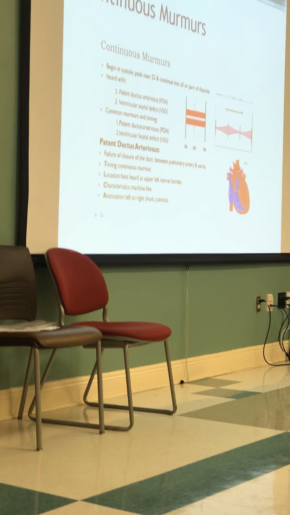Your patent ductus arteriosus is failure of the duct between the pulmonary artery and the aorta to close. So the pulmonary artery, does it have oxygenated blood or deoxygenated blood? Deoxygenated blood.